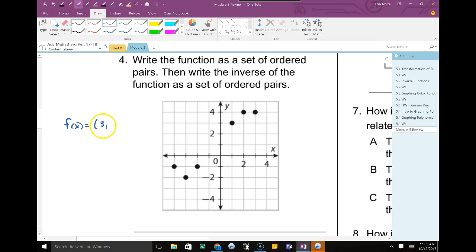Would you agree with 3, 4? 2, 4? 1, 3? -2, -1, -3, -2, and -4, -1. We all agree with those? So my inverse points would be what?